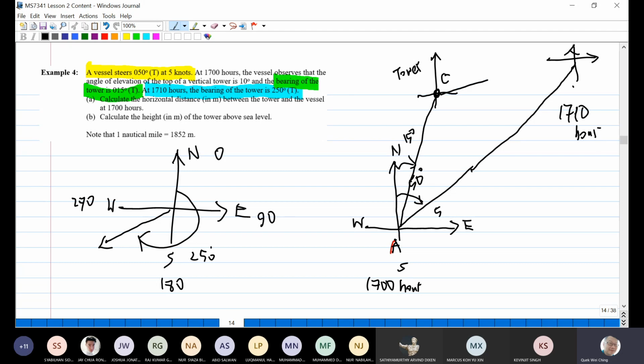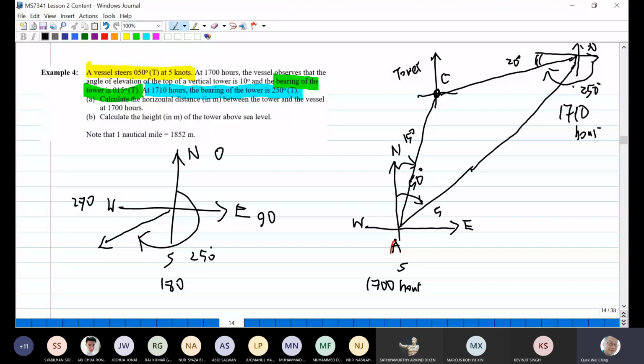The tower now is at bearing 250. So these are the three things put together.